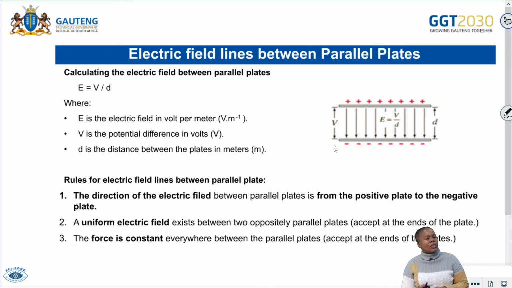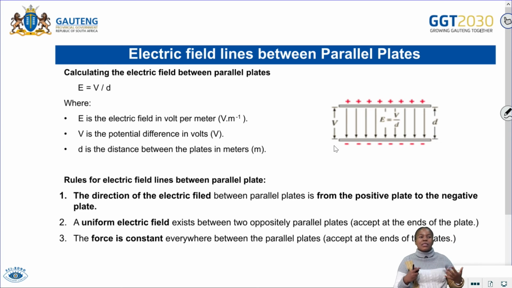But what do these stand for, you may ask yourself. E stands for the electric field in volts per meter. We say volts per meter because in the numerator you've got the volts, and d, because it's the distance, has to be in what? In meters.